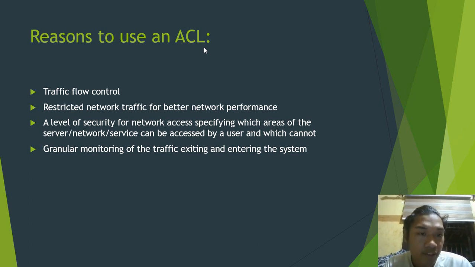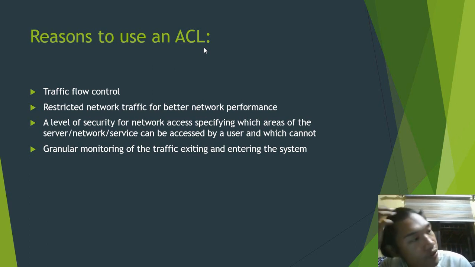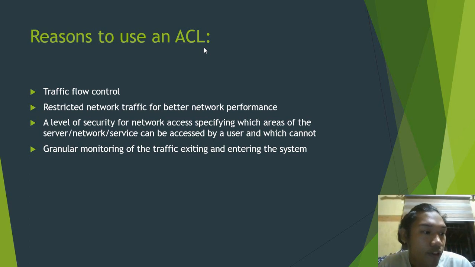So number one is traffic flow control. The flow of the traffic within the internet and the server, or the flow of the connection, is the job of the ACL, to keep it smooth.